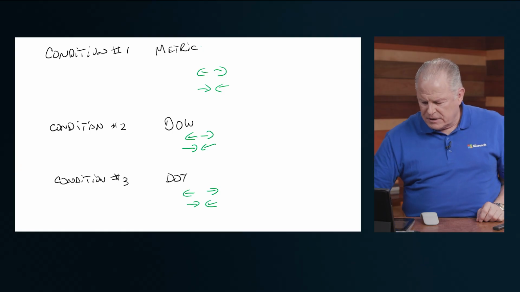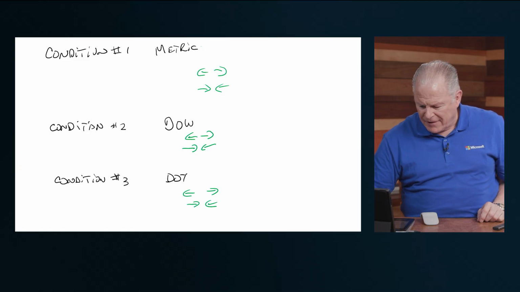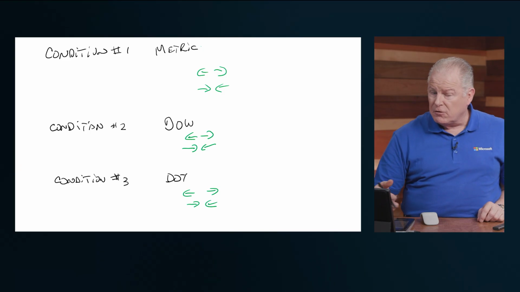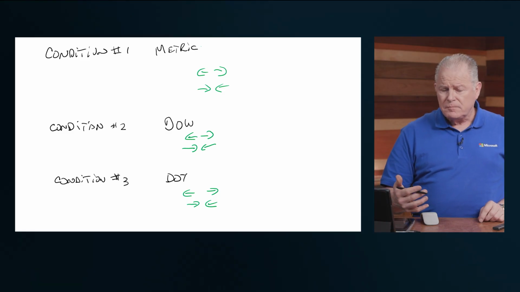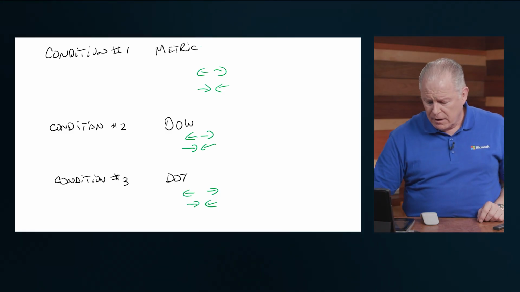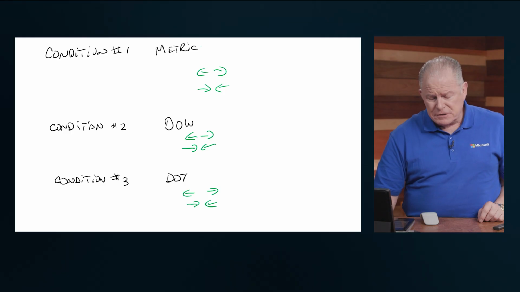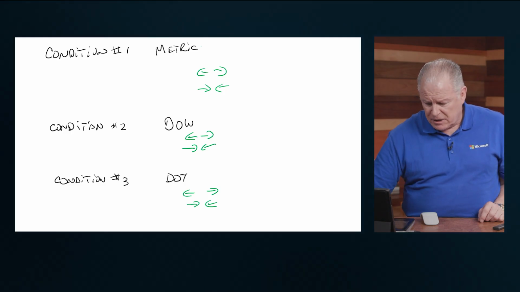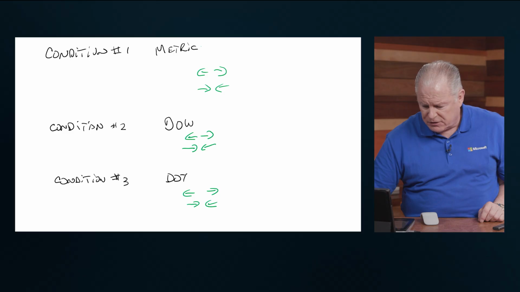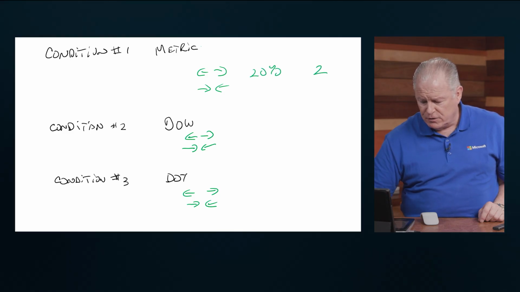Now, if my condition was at the metric level, say it's the 3rd Thursday of November. Thursday is a day that has a metric number. Let's say the numbers are at, say, 20%. My default here was to give me 2, and if it's greater than or equal to 70%, increase.